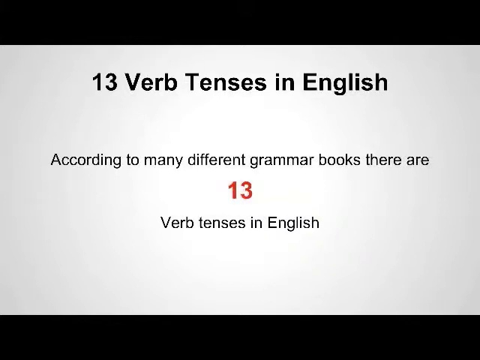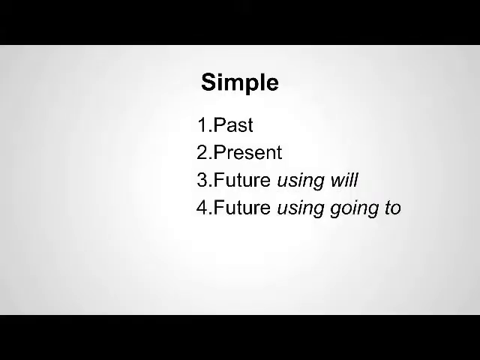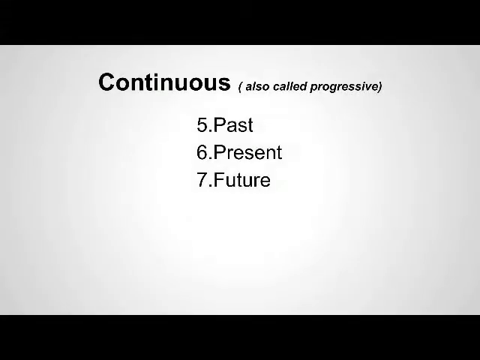According to many different grammar books, there are 13 verb tenses in English. These are the simple forms, the past, present, future using will, and future using going to. Continuous, also called progressive, past, present, and future.